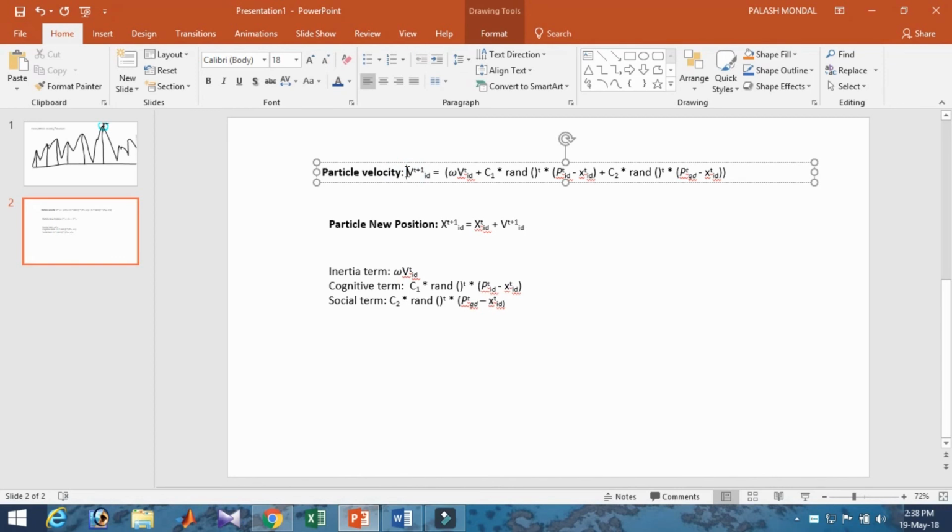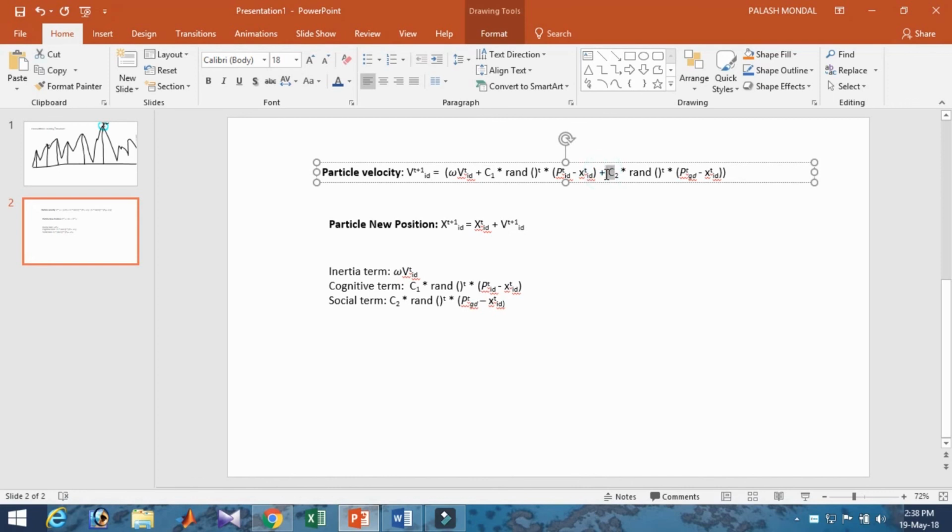So this one is the particle's new velocity, and this is the inertia term we use with the velocity component to manage the boundary velocity of the particles, and it is the particle's previous velocity. C1 is called the acceleration coefficient, as well as C2.